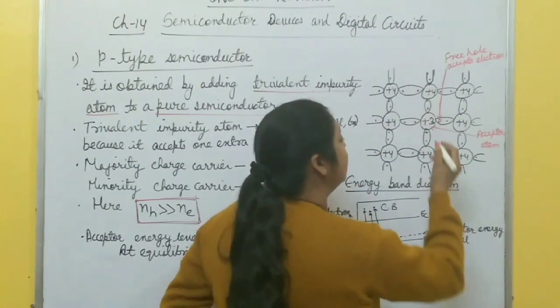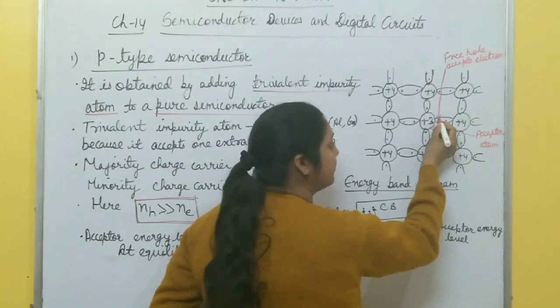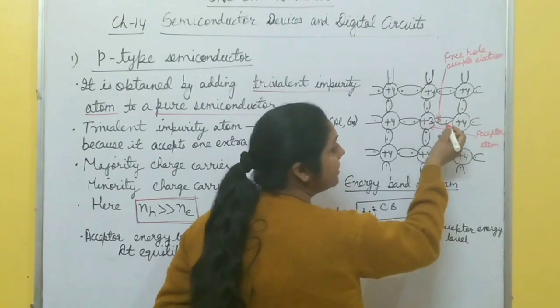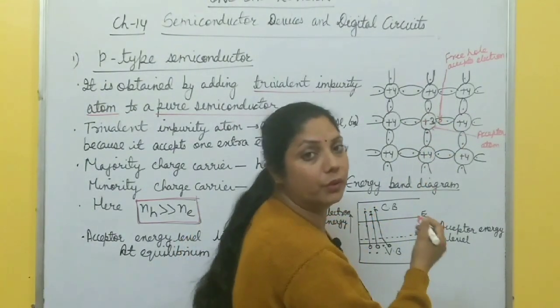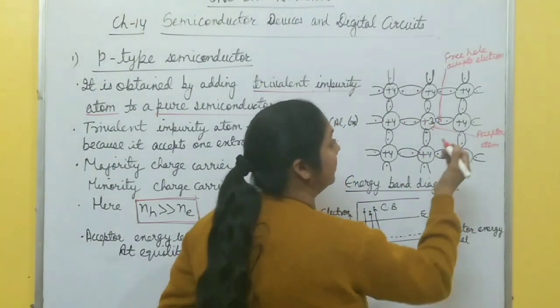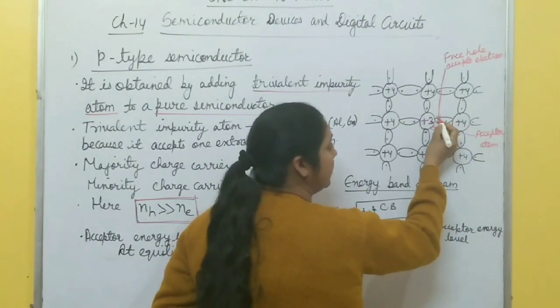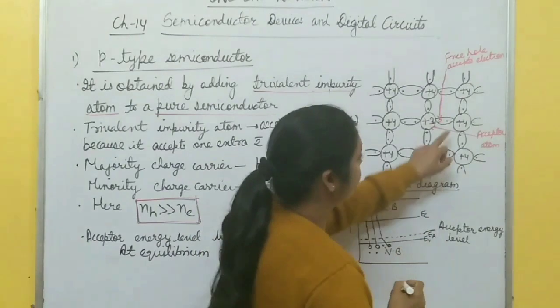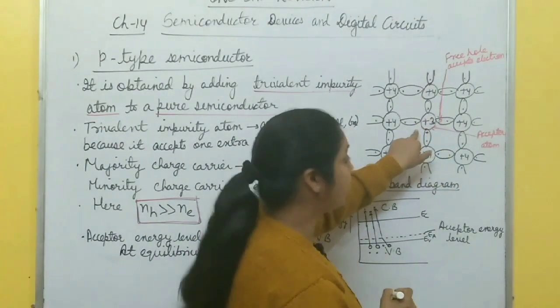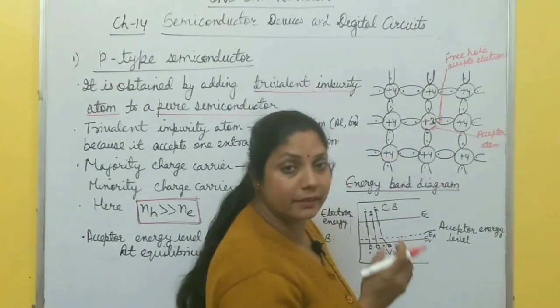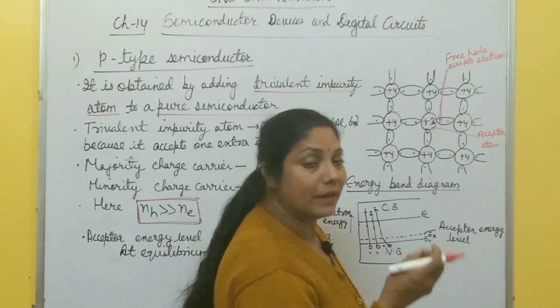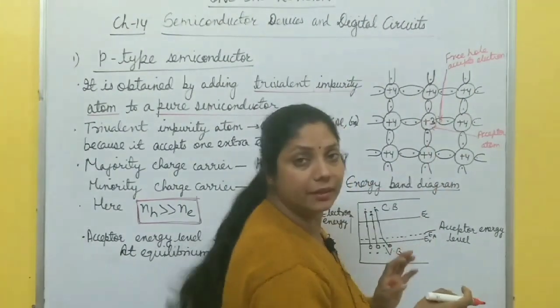Okay, but the fourth one is vacant, and this vacancy is nothing but what is called a hole. It carries positive charge. So a free hole is here in case of this trivalent impurity, and this free hole is ready to accept valence electrons from any of the neighboring atoms.